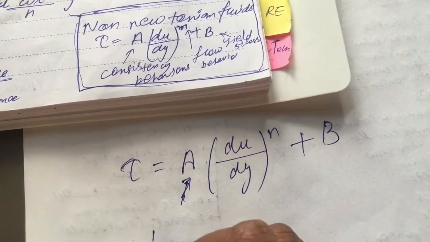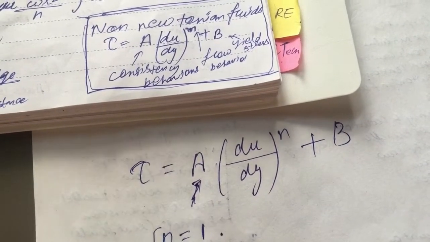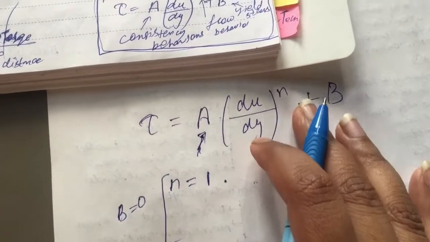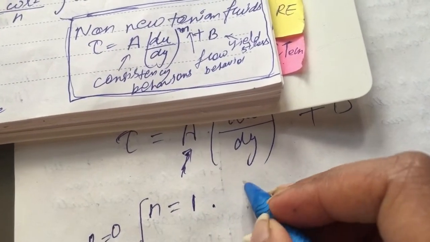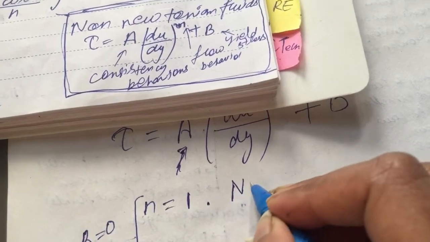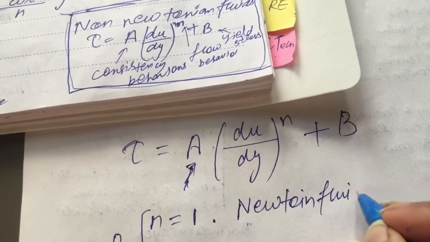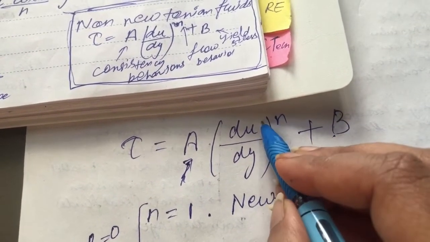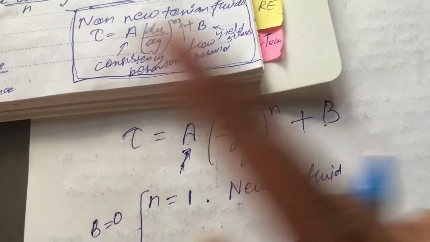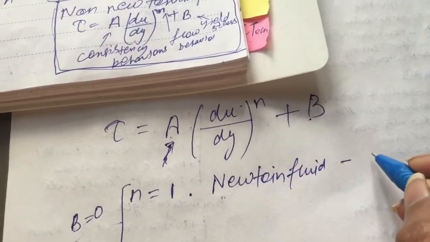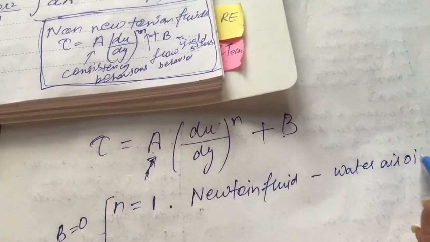First we have a few cases for b equal to 0. If b is equal to 0 and n is equal to 1, then it is a Newtonian fluid. So tau is equal to mu du by dy, which is for a Newtonian fluid. We have already studied this. Newtonian fluids include water, air, oil.